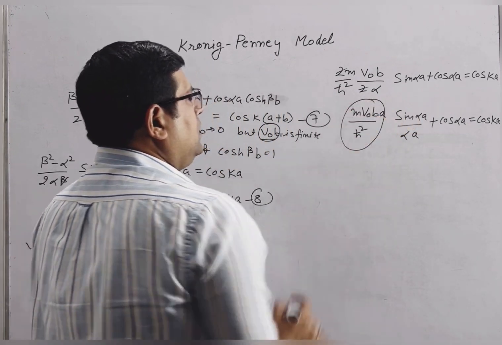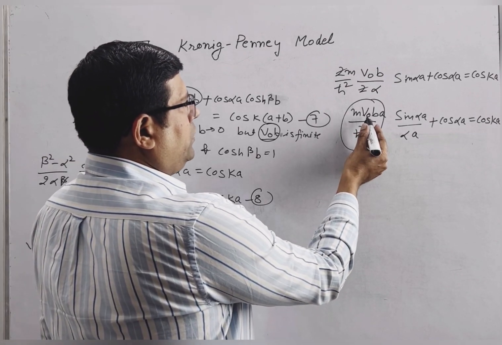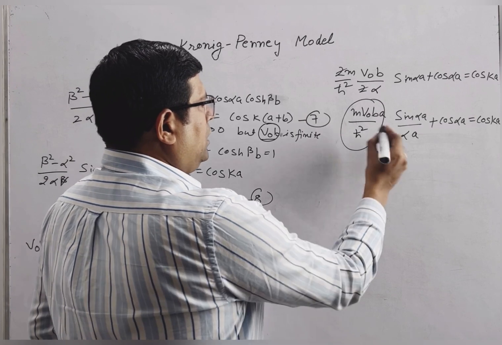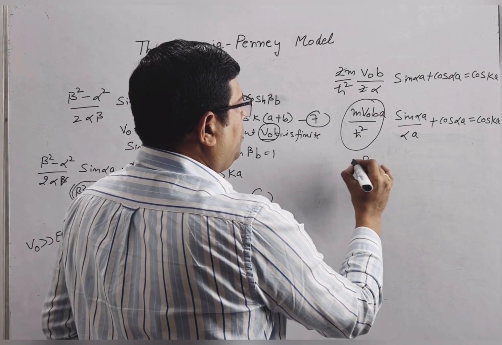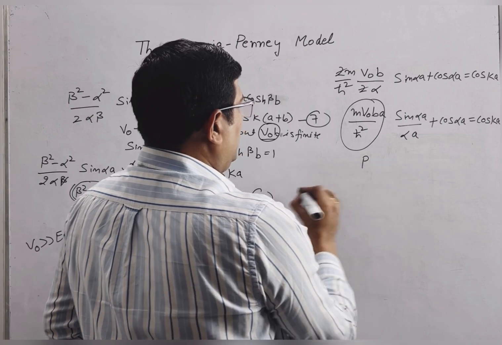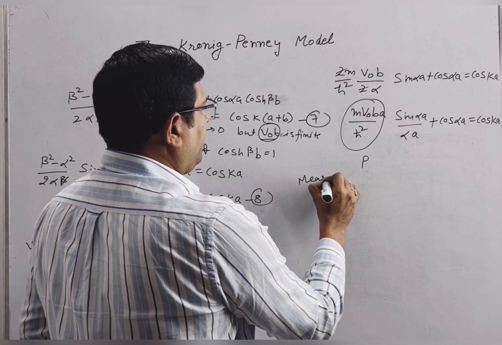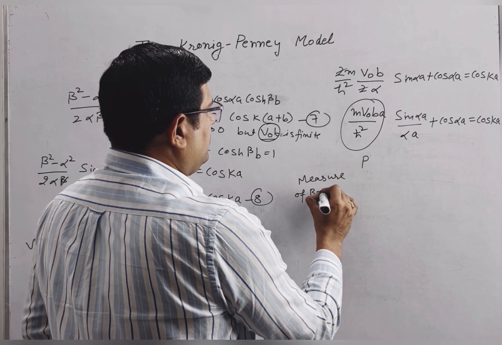Now all these values are constant. m is constant, V naught is constant, b, a, h cut, all these are constant. And this term is equal to P. What is P? P is the measure of barrier strength.